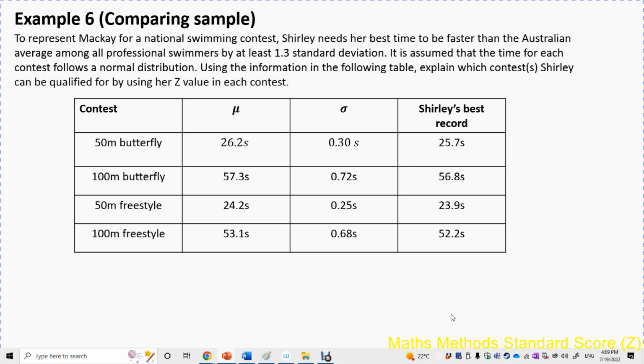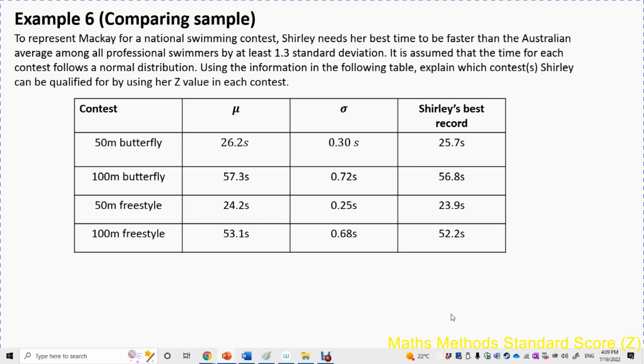Shirley needs her best time to be faster than the Australian average among all professional swimmers by at least 1.3 standard deviations. Read that sentence again. What does it mean?